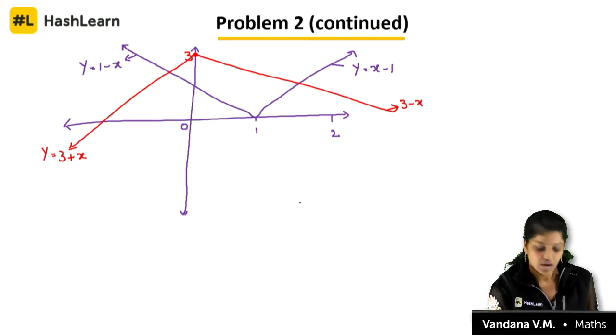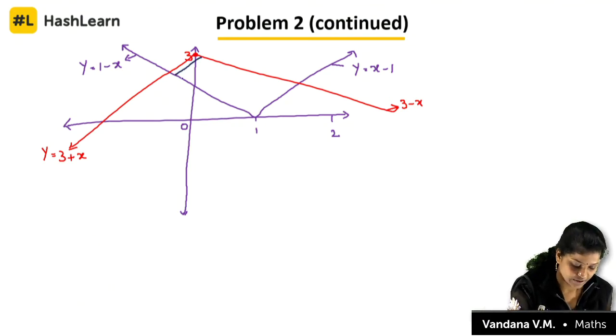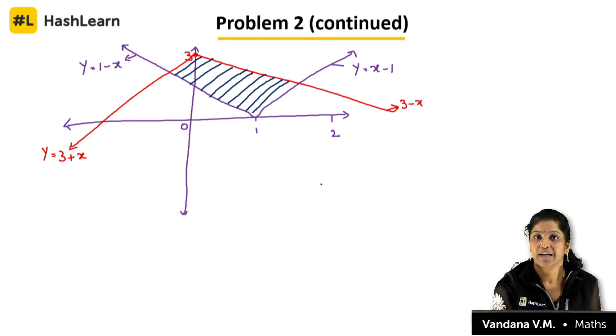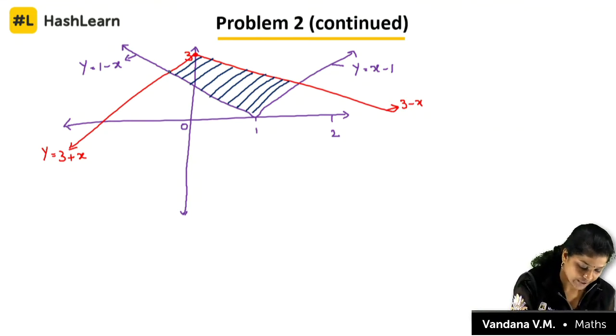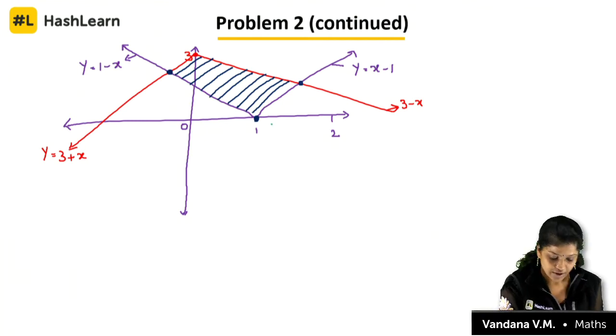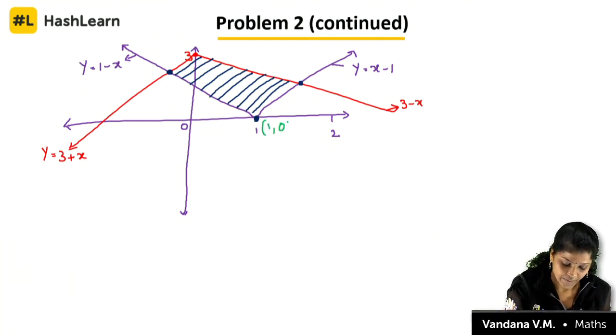Now, children, I have to find this area, but if you observe this, it may represent a rectangle. So, first you find all these intersecting points. This point I know clearly. This point is 1, 0.